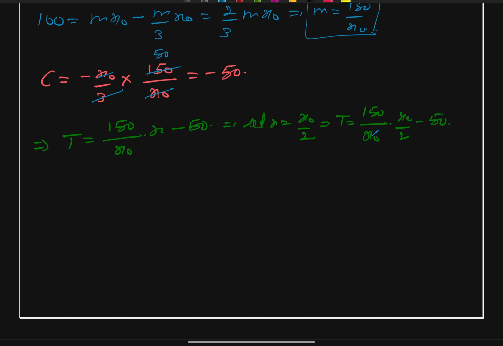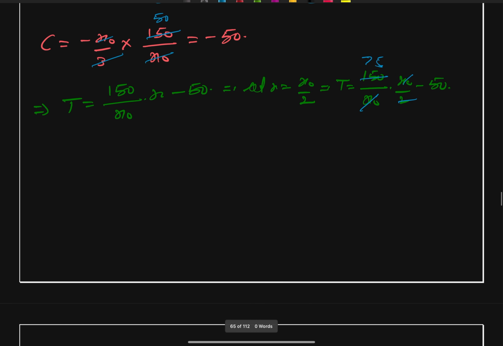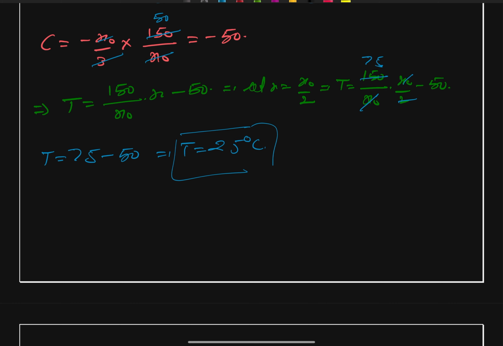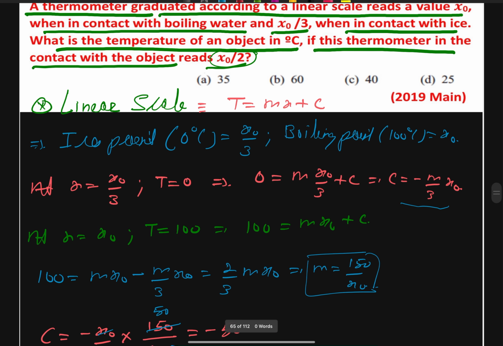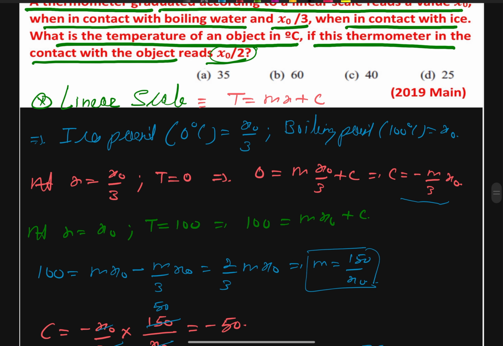X naught cancels, and 150 goes by 2 is 75. So we get T is equal to 75 minus 50, giving us T is equal to 25 degree centigrade. So we have option D is correct.